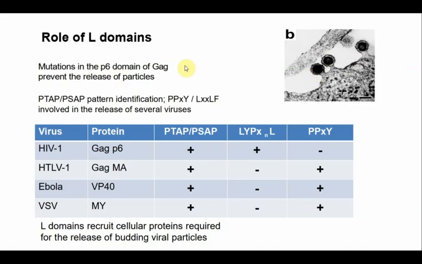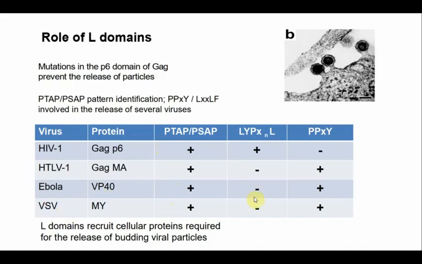So once you understand that, you can mutate it in all different regions and see what different parts of it are doing. So in the P6 protein in HIV-1, there are two signals that are important. These PTAP and LYPXL motifs are present in HIV GAG-P6 and in other proteins essential for virus budding in HTLV-1, the other human retrovirus, VP40 in Ebola virus, and VSV.